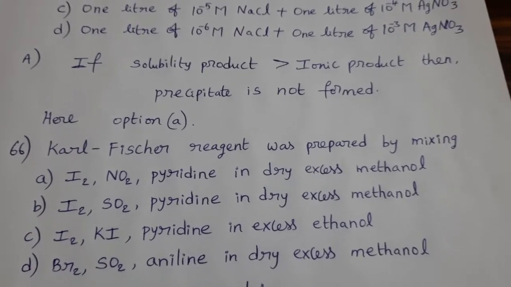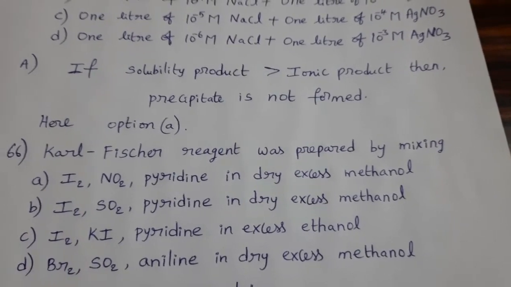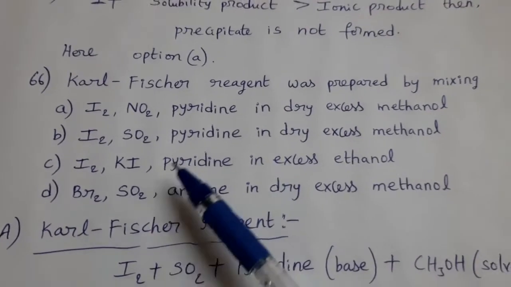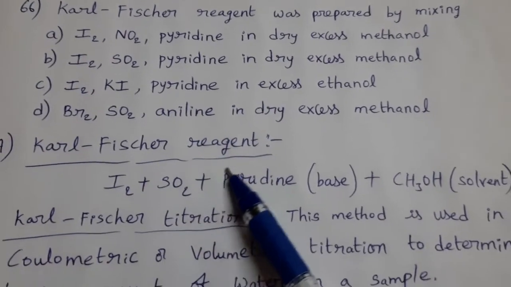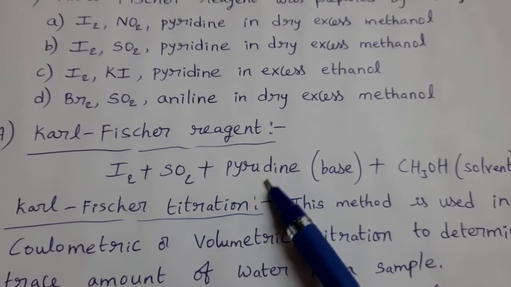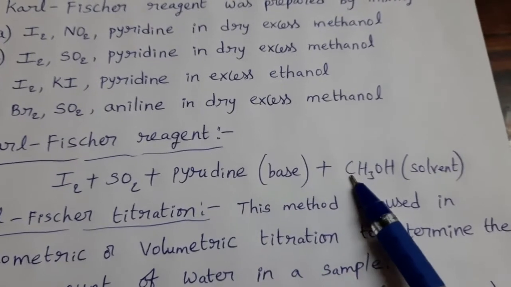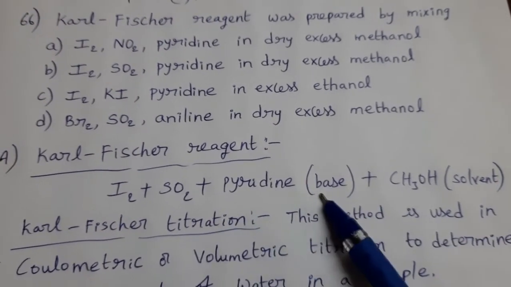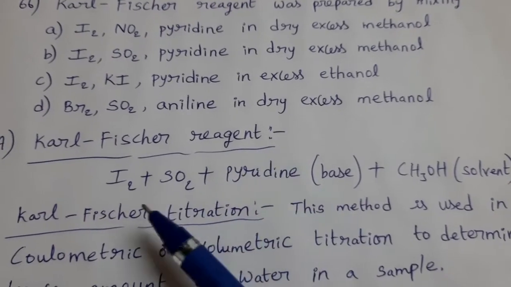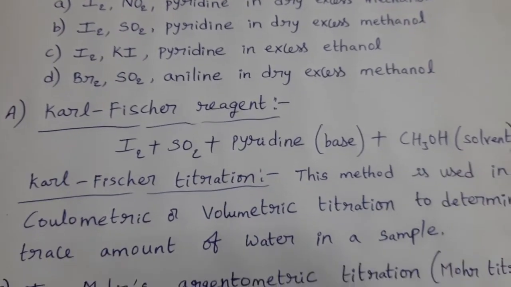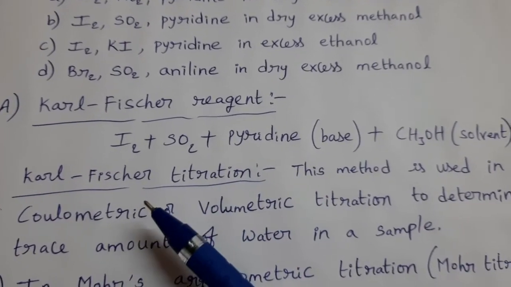Next, Karl Fischer reagent was prepared by mixing. This reagent is used in a titration method. Karl Fischer reagent means iodine plus sulfur dioxide and a base like pyridine dissolved in a suitable solvent, excess of solvent like methanol. This combination is called Karl Fischer reagent: I2 plus SO2 plus pyridine plus CH3OH. What is the use of this reagent?